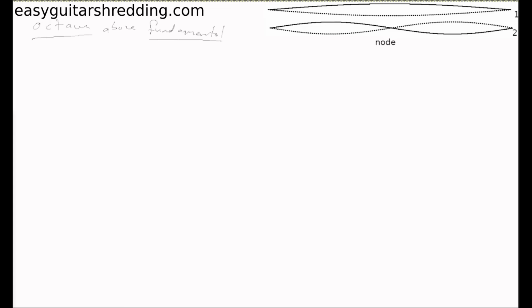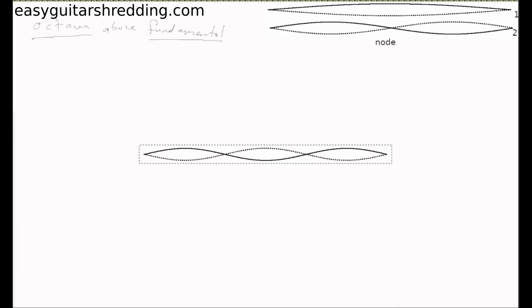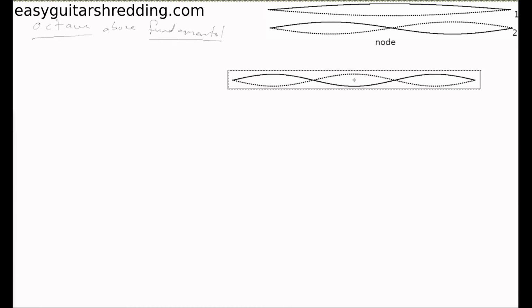The third harmonic is demonstrated by the string vibrating in thirds. This one has 2 nodes.